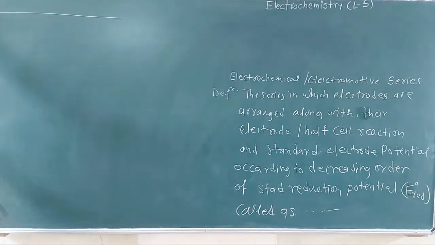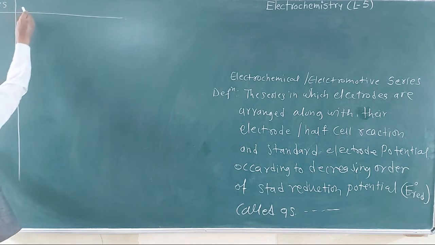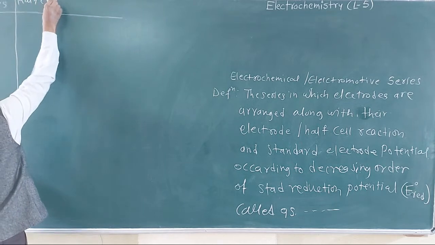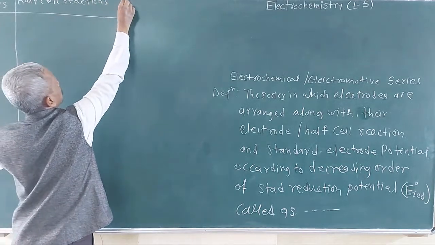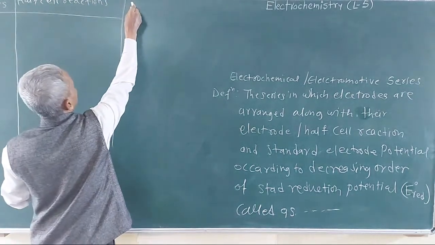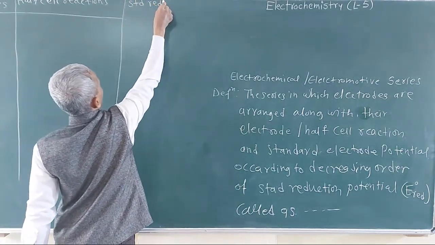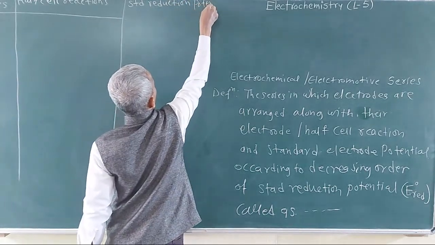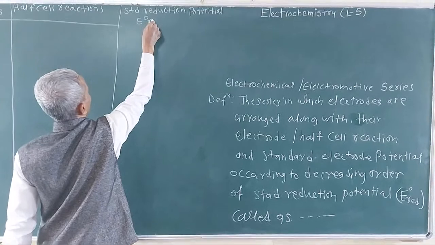Here you can write electrodes, then half-cell reactions, and then the reduction or standard reduction potential, also denoted as E0 reduction.